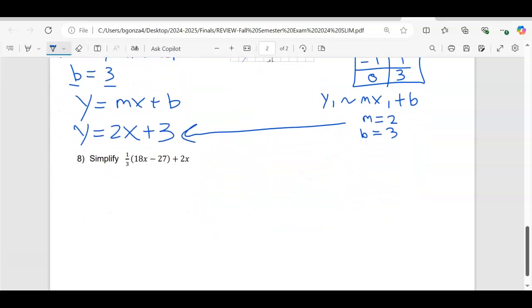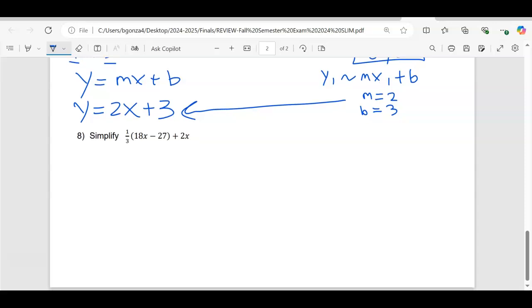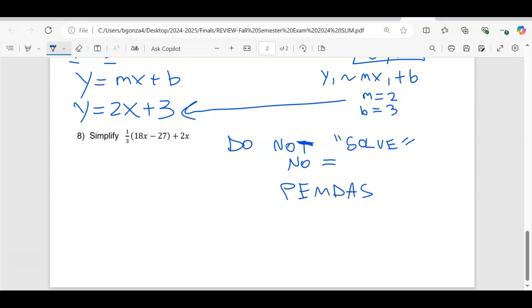Okay, last step. Last one. Simplify. Do not solve. Or another way to say it is you cannot solve. There's no equal sign. So literally what you're going to do is PEMDAS. So inside the parentheses, you cannot combine an x and a non-x constant.